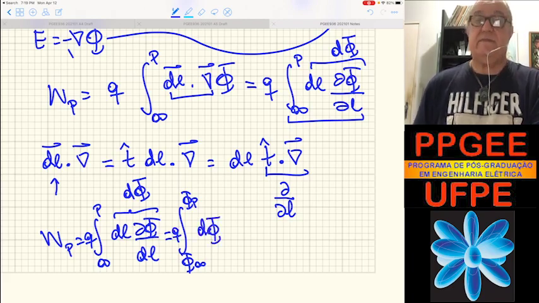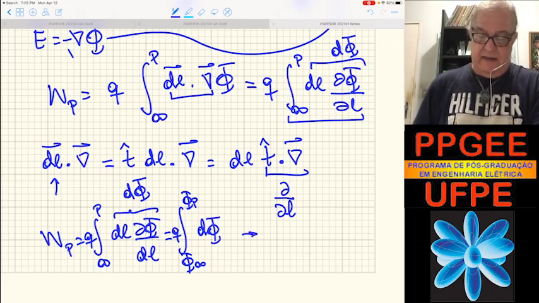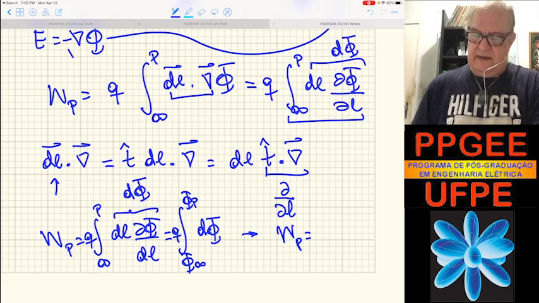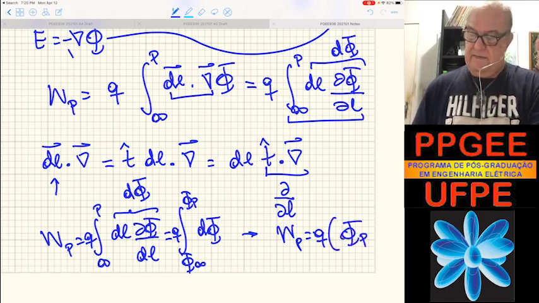dφ, right? So the energy at P is going to be Q times the potential at point P minus the potential at infinity.